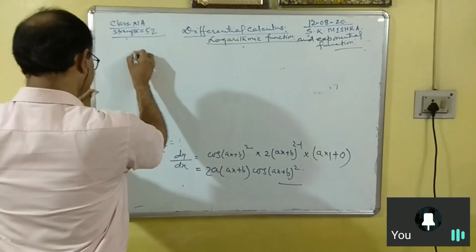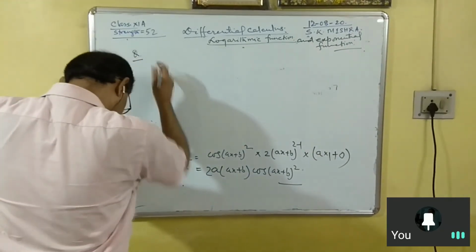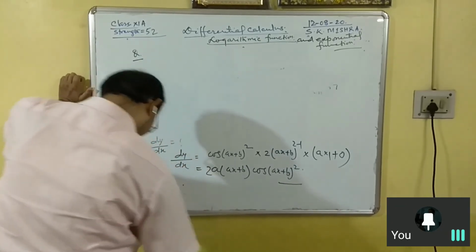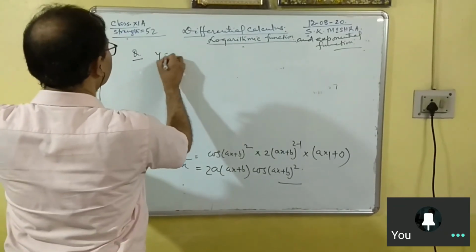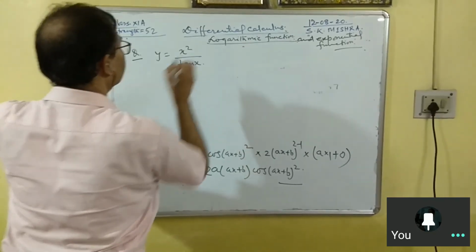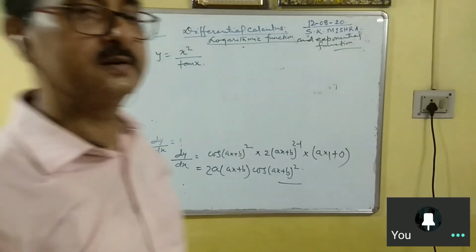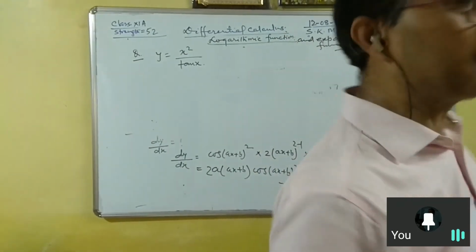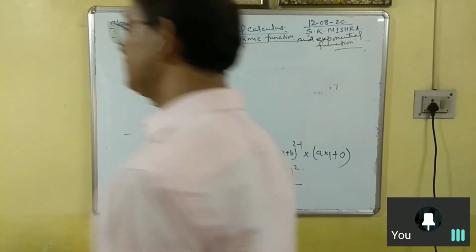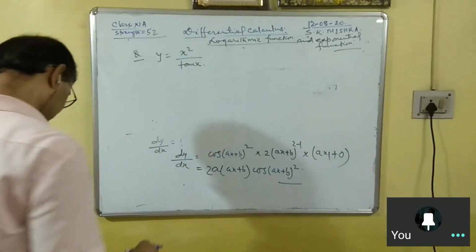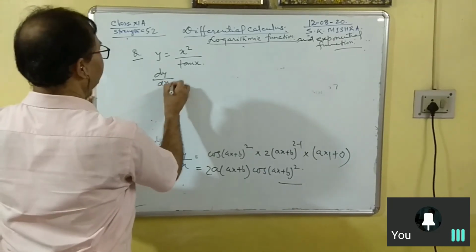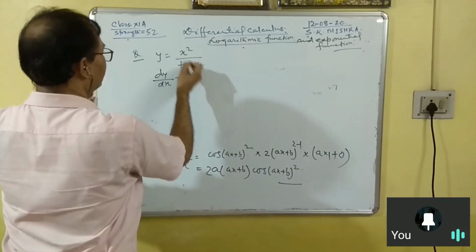Now the question is, I'm not recalling the number: x² by tan x. This is u by v form. So what is the formula for dy/dx?